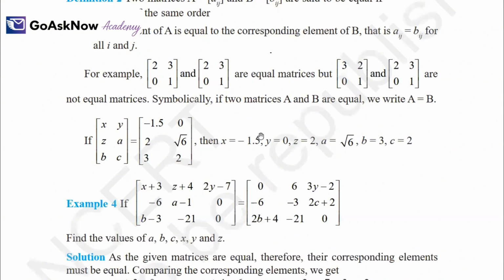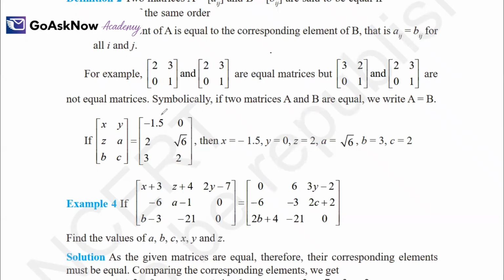In this example, if the matrix X, Y, Z, A, B, C is equal to the matrix minus 1.5, 0, 2, root 6, 3, 2, then X equals minus 1.5. You have to find the variables, and here you have been given equal matrices.